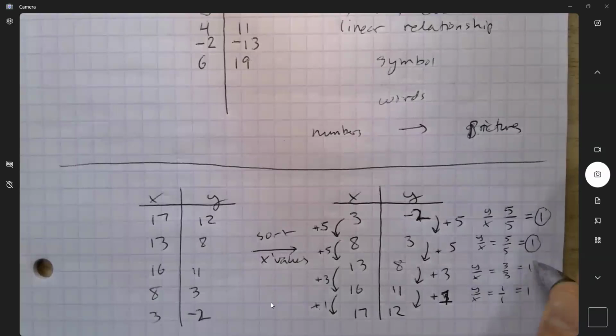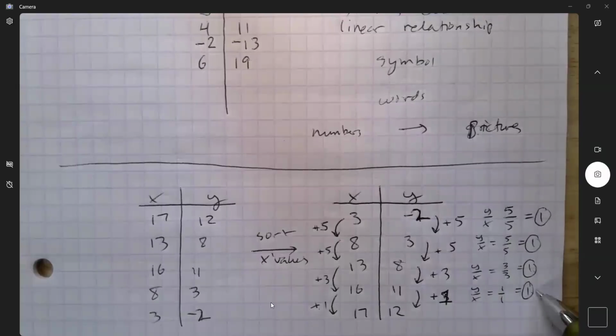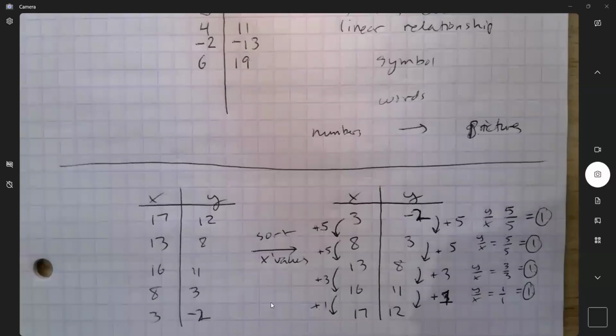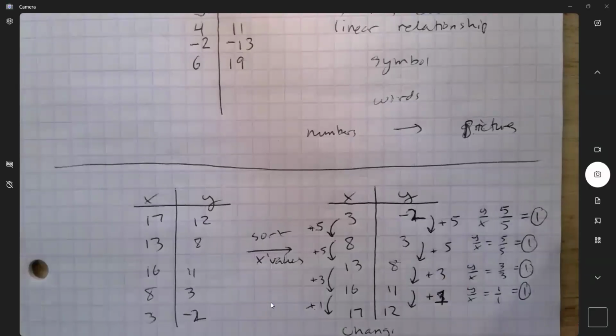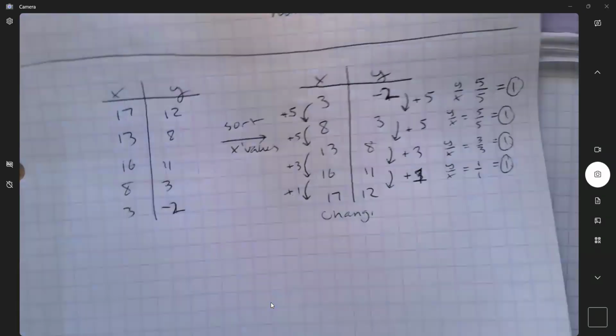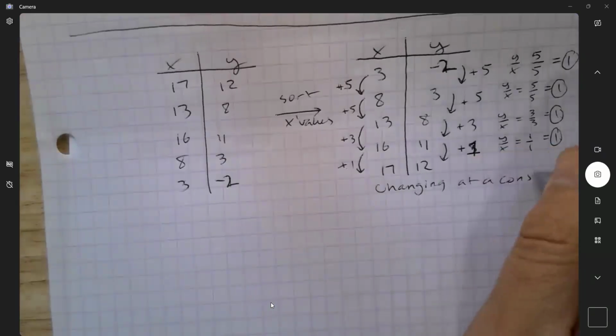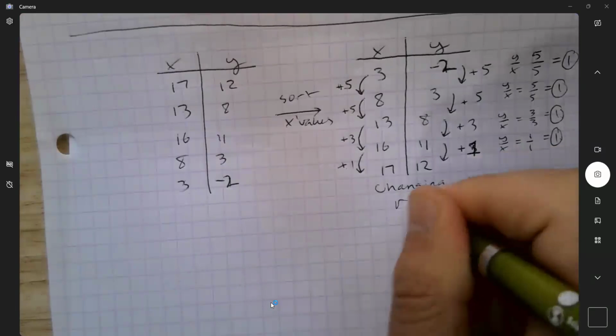All of those changes are the same between any two of the points. And if all of those changes are the same, the 1 and the 1 and the 1 and the 1, that means it's changing at a constant rate.